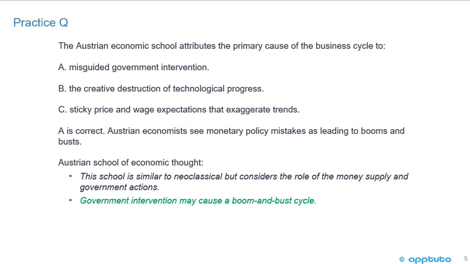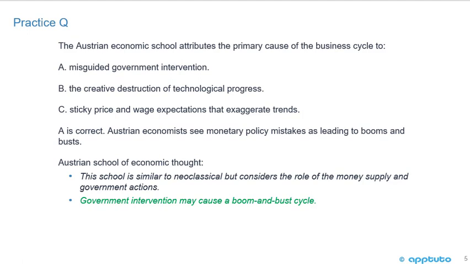So I copied from the previous slide the Austrian school of economic thought. This school is similar to Neoclassical, but considers the role of the money supply in government actions. And I put in green there, government intervention may cause a boom and bust cycle. So if we go back and look at our choices, the wording is not exactly right, but the interpretation, misguided government intervention, is the primary cause of the business cycle.